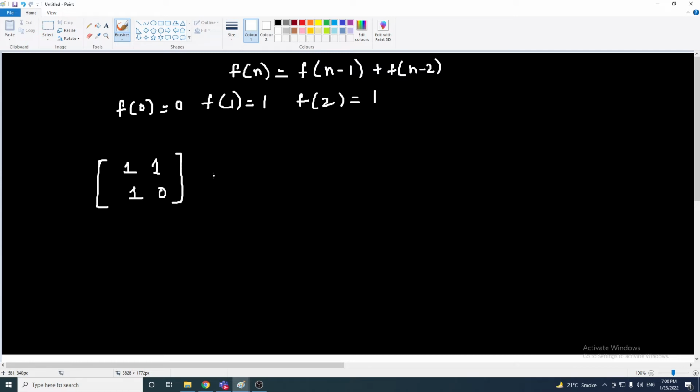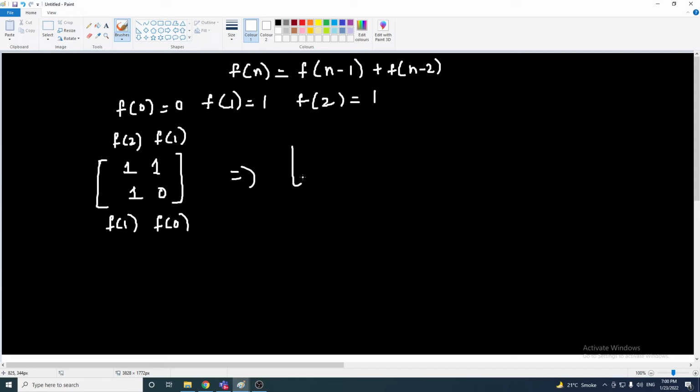So you must have witnessed this matrix previously, but how does that even work? This is the f of 2 term, this is f of 1 term, this is f of 1 term, and this is f of 0 term. So usually, how is the matrix formed?